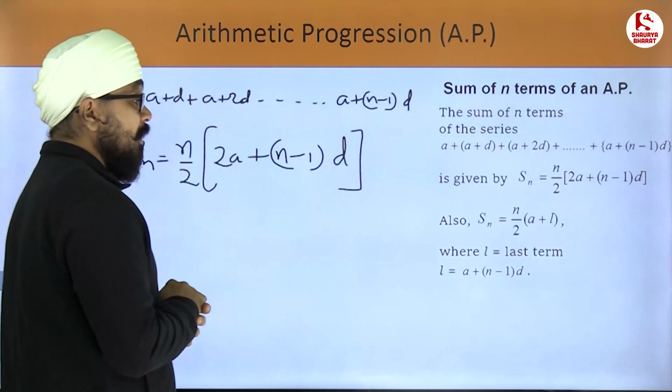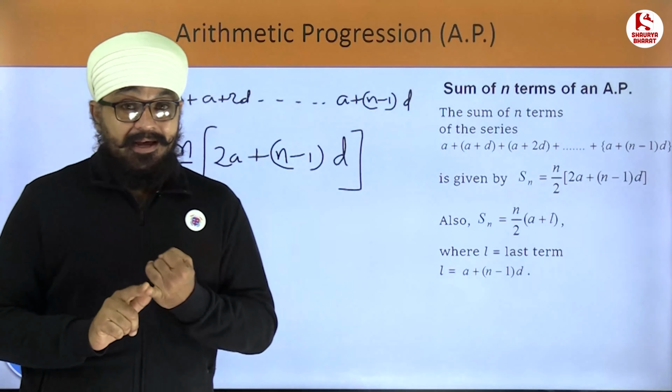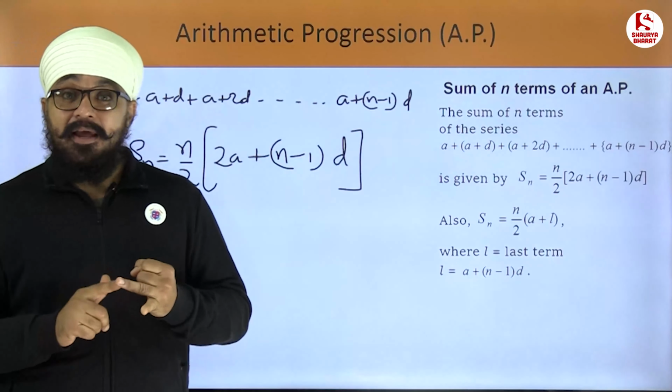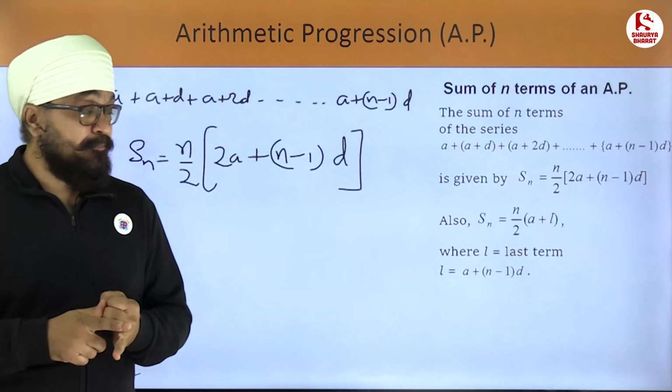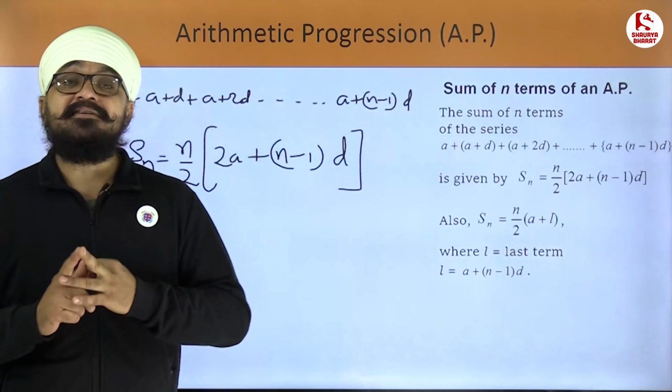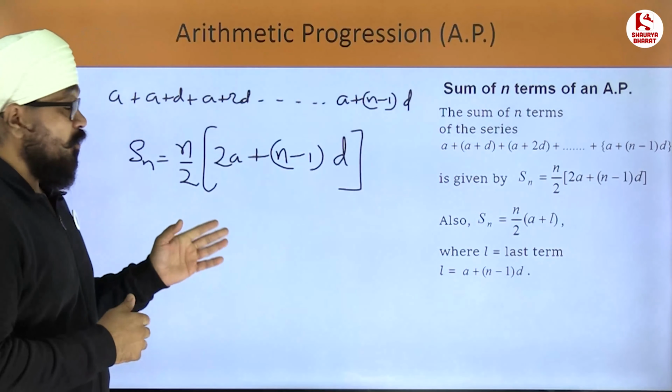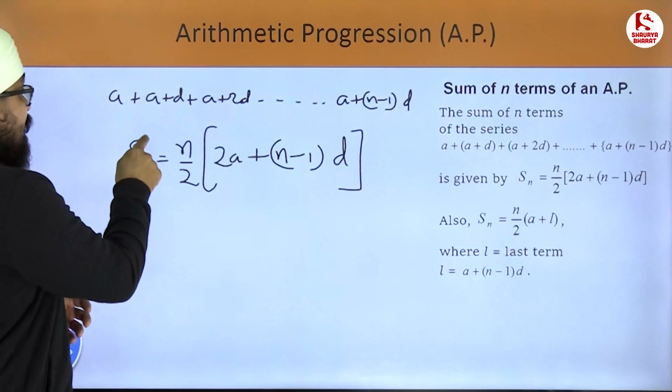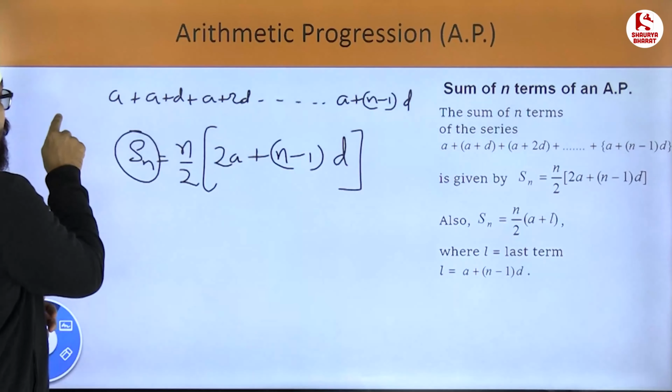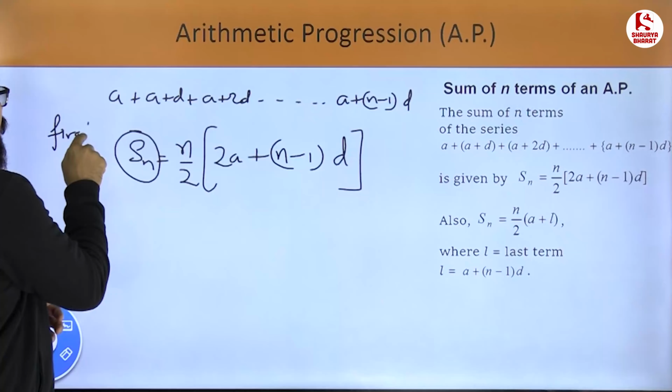We should keep in mind that we should have the value of n. n means the number of terms, a means the first term, and d is the common difference, and of course the formula should be there with us. So Sn actually represents the sum of the first n terms.